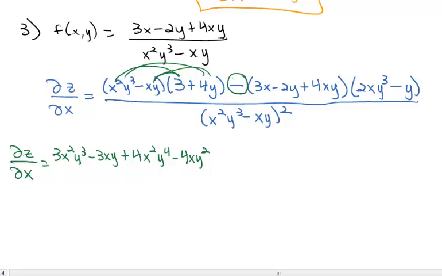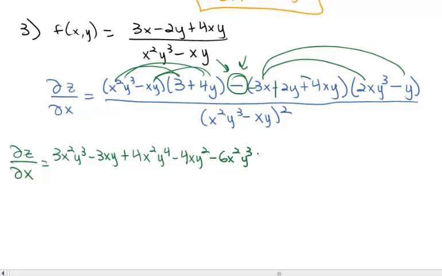And to help with this negative so I don't get in trouble with it, I'm going to distribute it first. Negative 3x, positive 2y, negative 4. By distributing that, we get negative 3x times 2xy cubed is negative 6x squared y cubed. Positive 3xy.